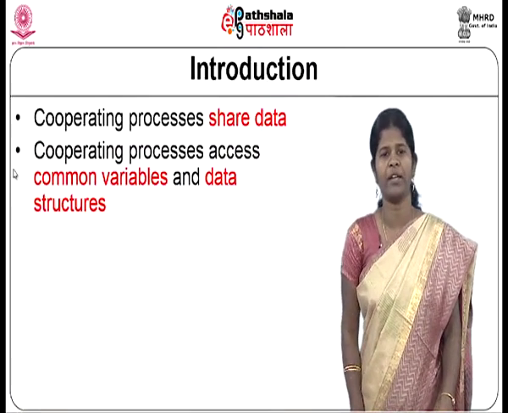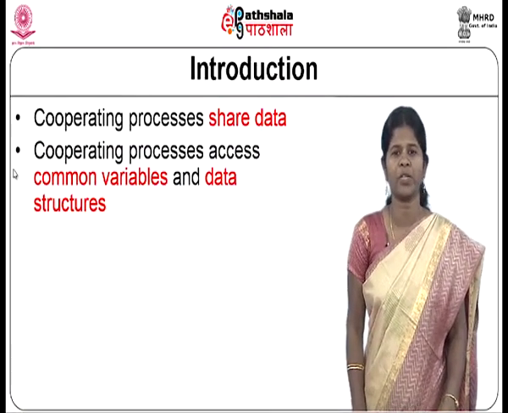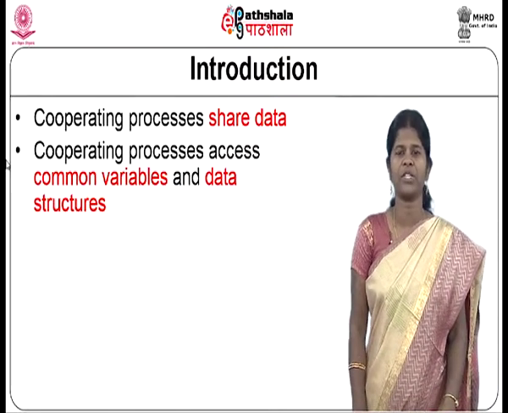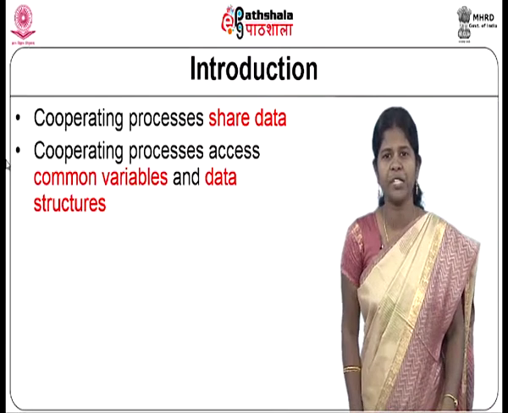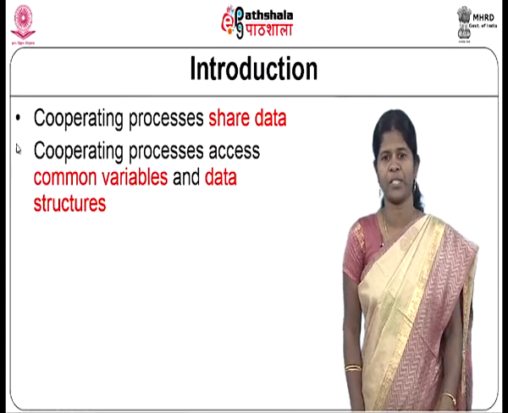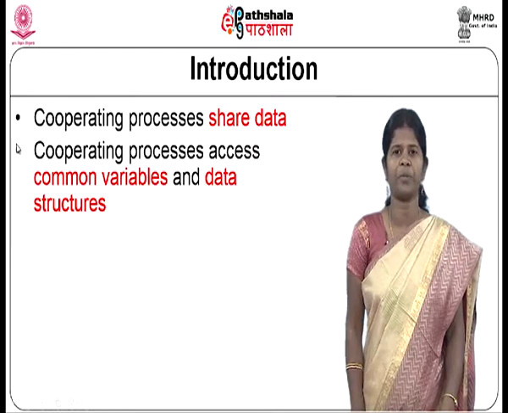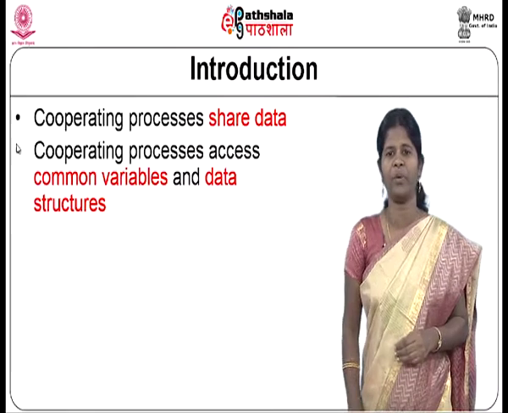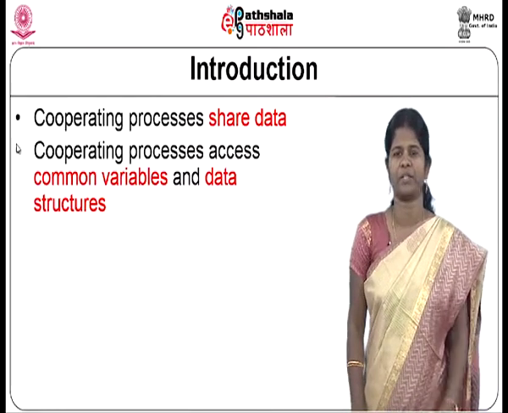We have learned earlier that cooperating processes share data. When there is more than one process in the system which needs to share data among them, they are called cooperating processes. These cooperating processes share data using some common variables or common data structures.